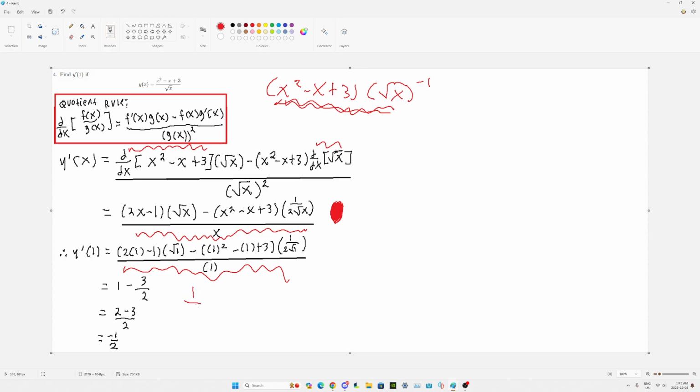Then here, we're going to use a little rule where if we have 1 over a plus 1 over b, this is equal to b times 1 plus a times 1 over a times b, because we're equating the denominators in order to actually collect like terms, which is equal to b plus a over ab, right? So we use that here. We have an invisible 1 here. So we get 2 minus 3 over 2, which just goes to -1 over 2.